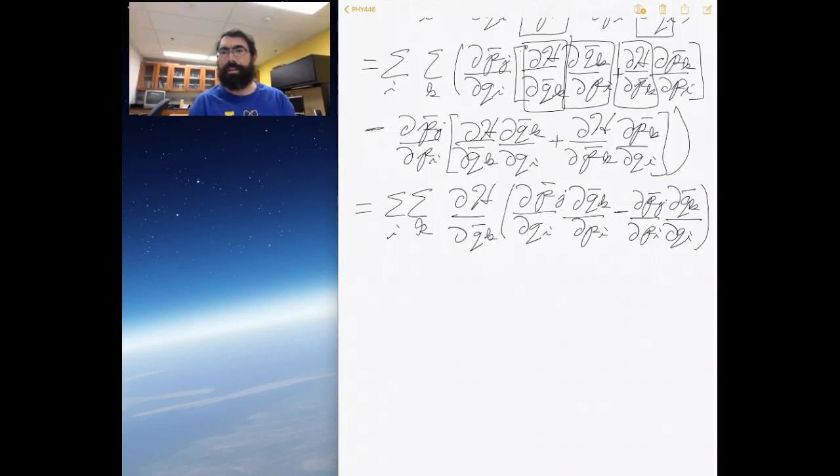Okay. And now, not to jump ahead, but if you remember from the previous video, that's going to be the Poisson bracket. So let me write out the other term first.